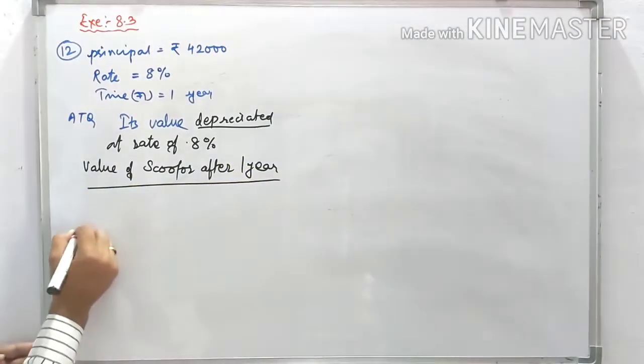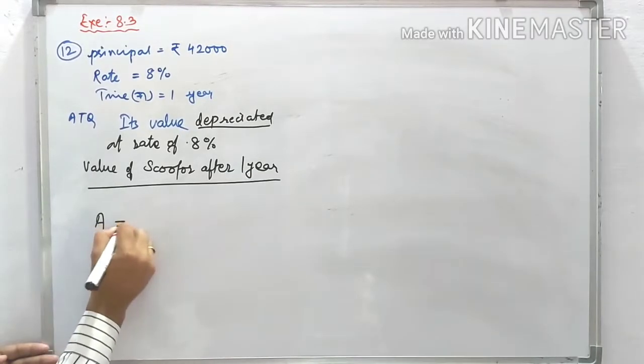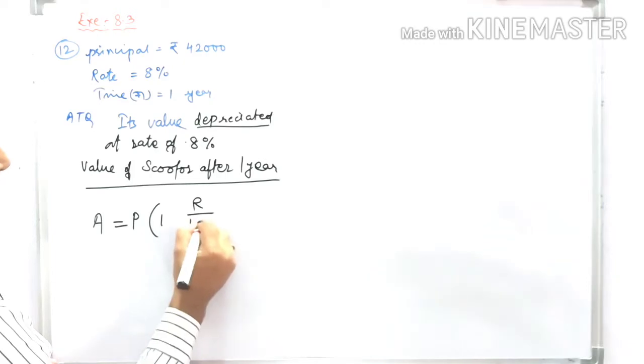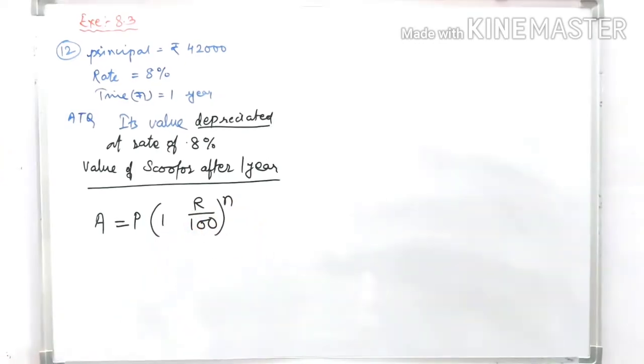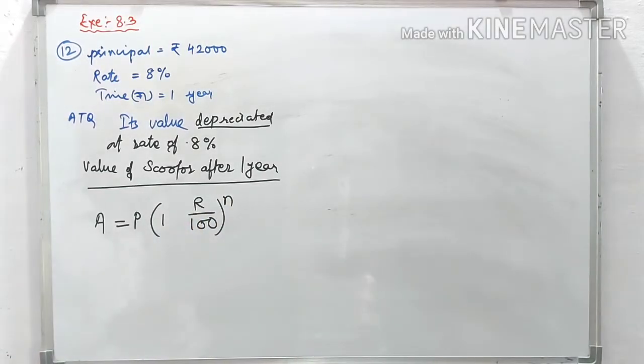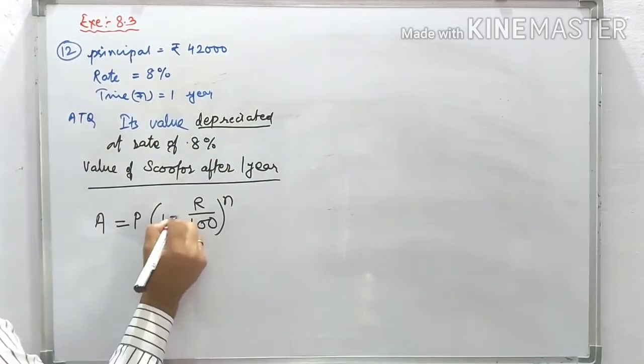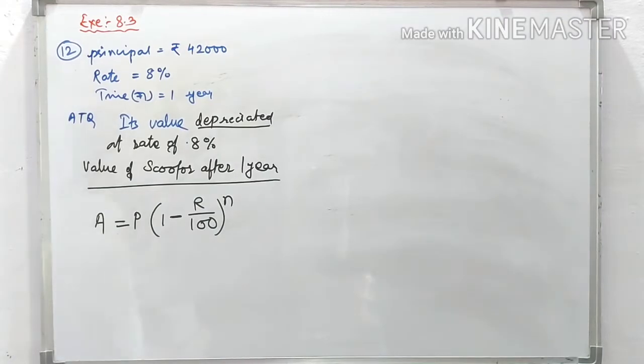The formula is A is equal to P into (1 + R upon 100) power of n. Here the formula is changed. Change means the value is decreasing, so we write the minus sign. Because the value is decreasing; when the question says the value is increasing, we put the positive sign.